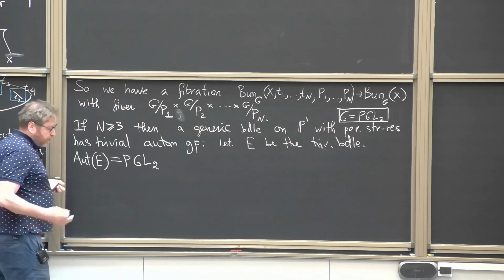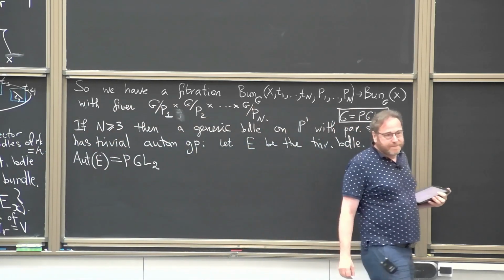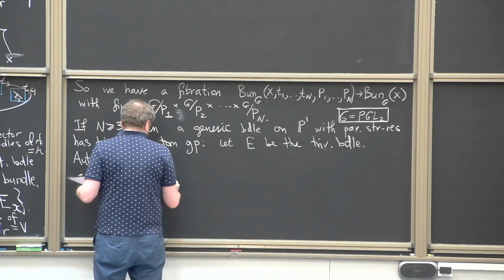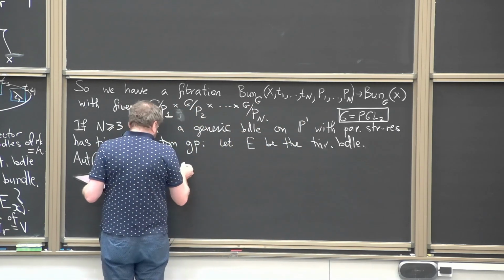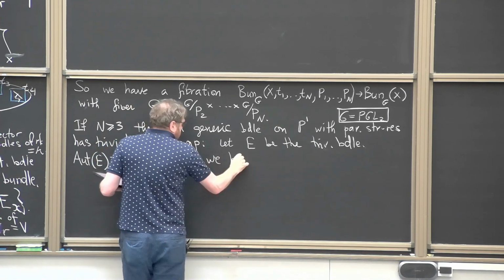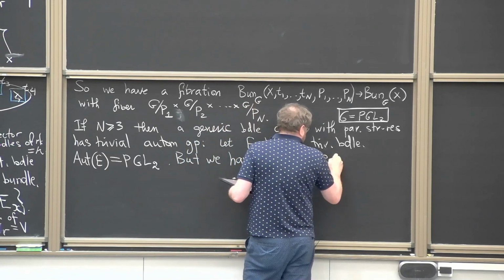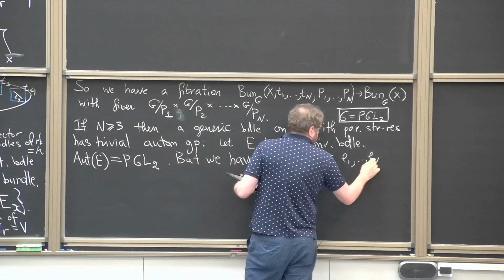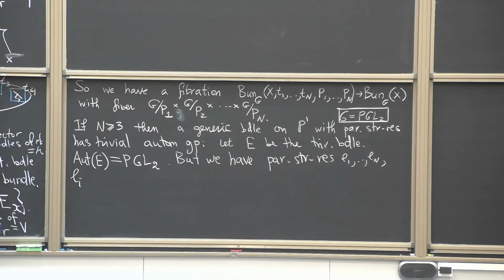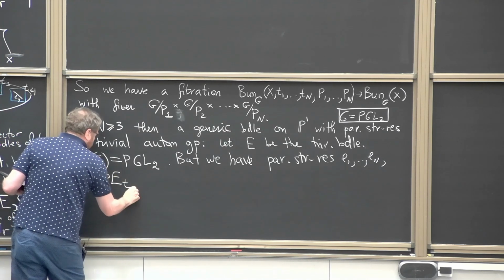And that's because a holomorphic function on a compact Riemann surface has to be a constant. But then, we have a parabolic structure L1 through Ln, where all of these Li lie in the projectivization of the fiber of E at the point Ti, but all these fibers are the same.